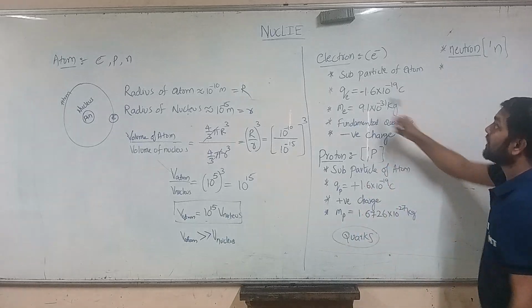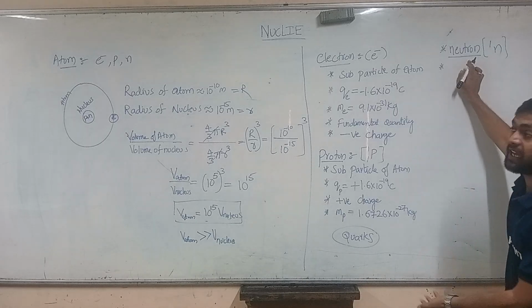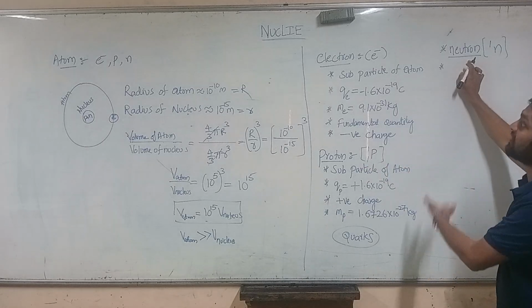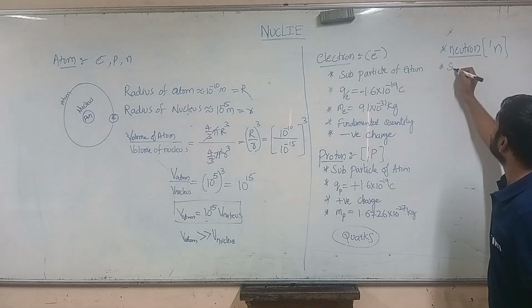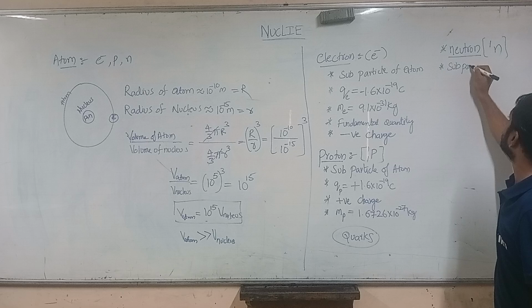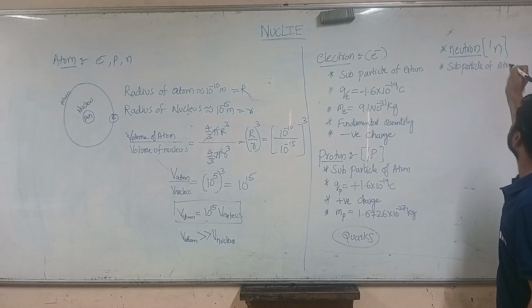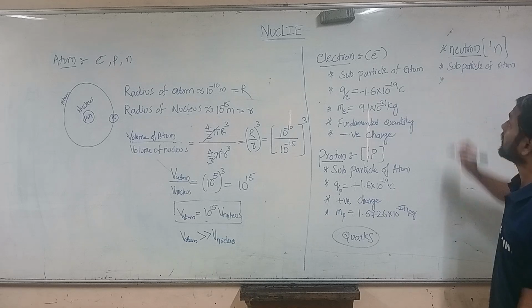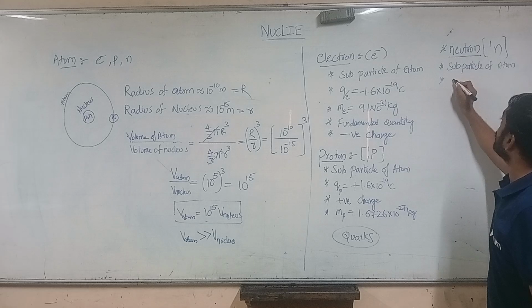Next we will see the neutron. The neutron is a subparticle of the atom. It exists in the atom, so for that reason we can write that the neutron is a subparticle of the atom. And what is the charge of the neutron?